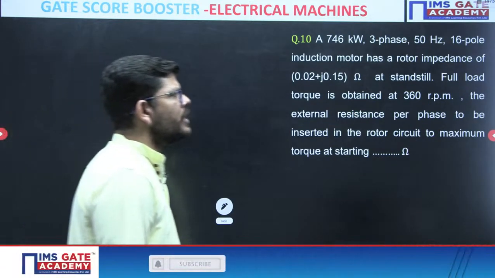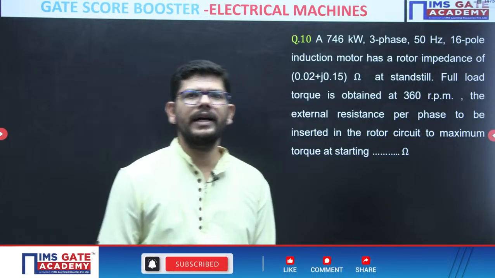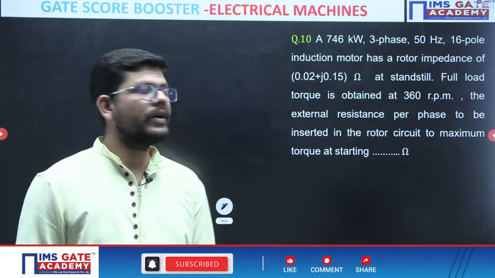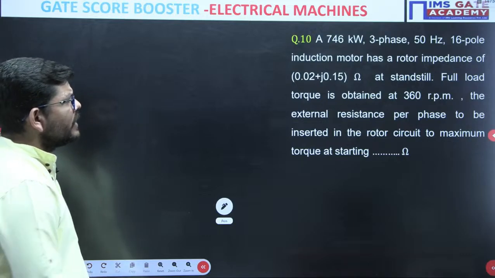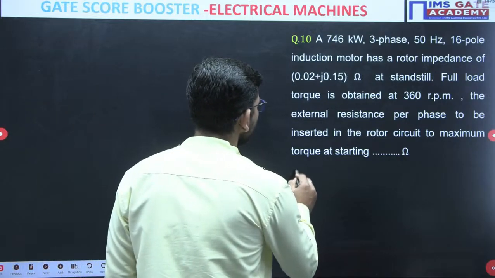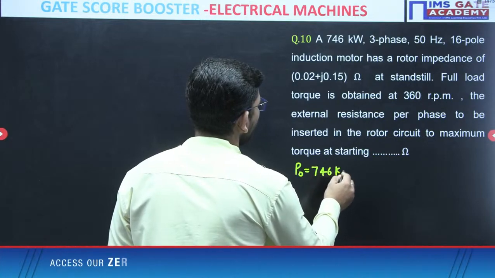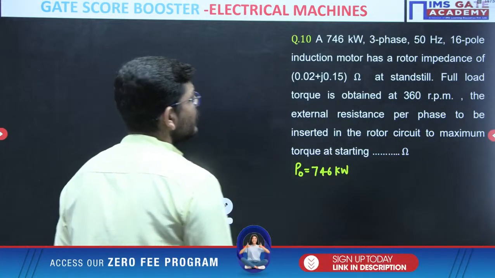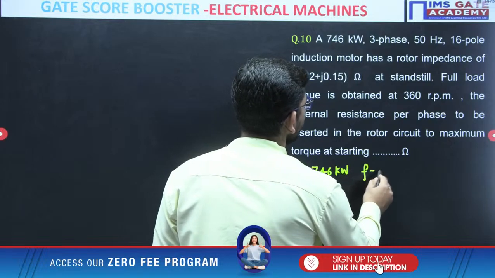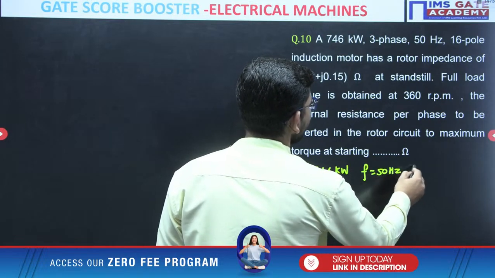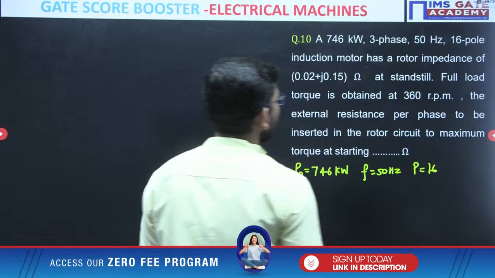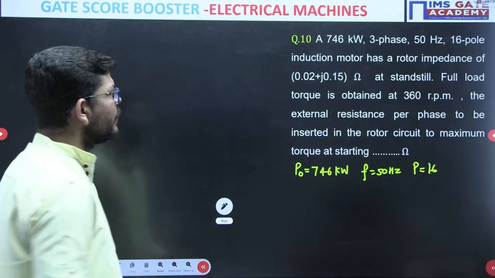Now, a question related to torque and slip. A 746 kilowatt, 3-phase, 50 hertz, 16 pole induction motor has a rotor impedance.